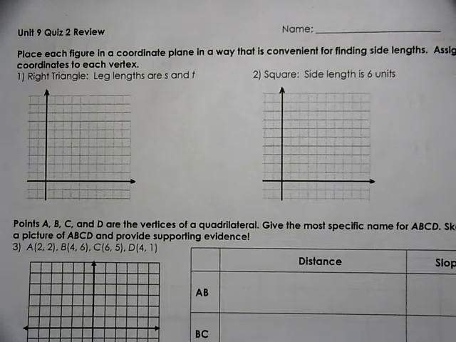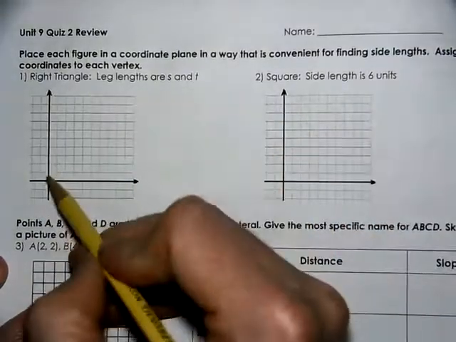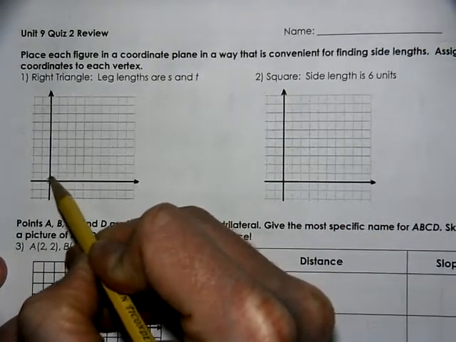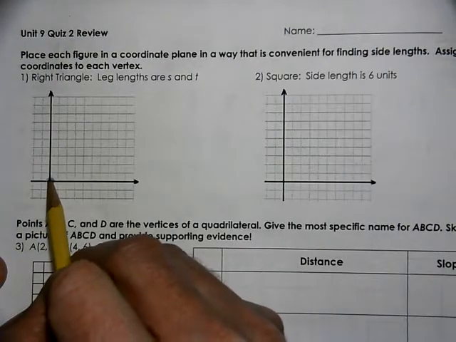This is Geometry, Unit 9, Quiz Number 2 review. We're going to place each figure in the coordinate plane, and we're going to assign coordinates to it. We wouldn't need the grid here, but to put it in standard position, we have a vertex at the origin.